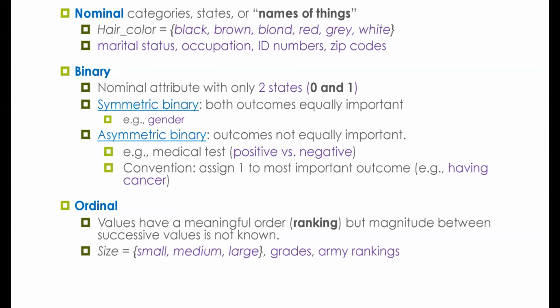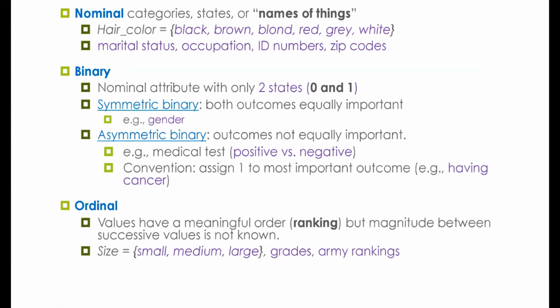An ordinal attribute is an attribute whose possible values have a meaningful order or ranking among them, but the magnitude between them is unknown.